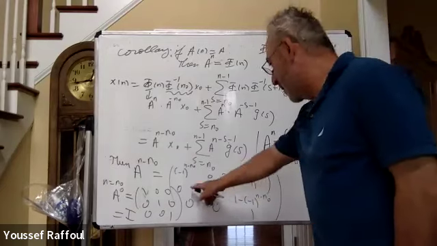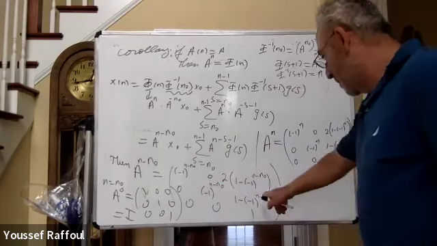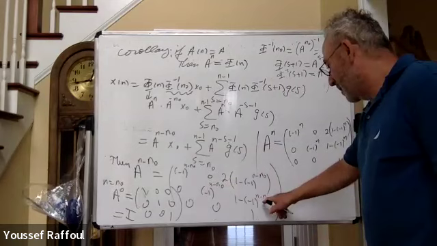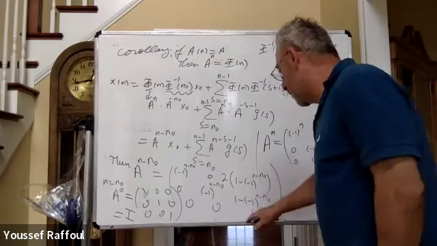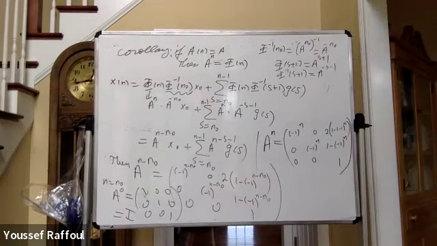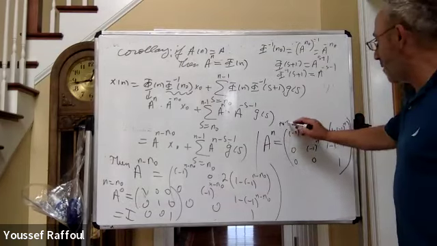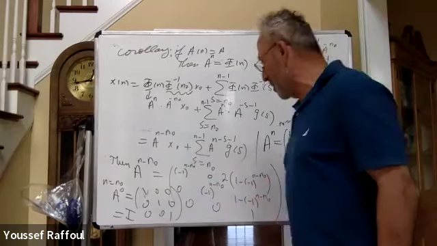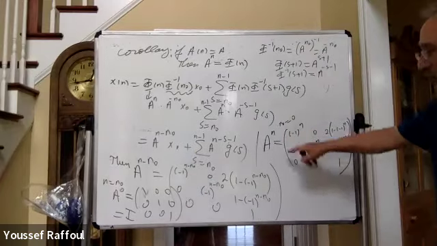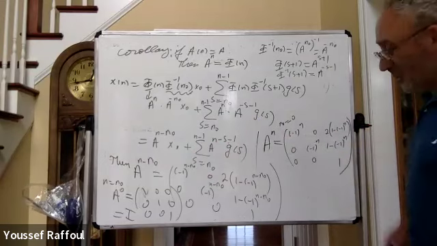And here you will have 0, 0, 1. So this one means n0 is 0, correct? But if you take n0 to be non-zero, then you need to raise every exponent to n minus n0.